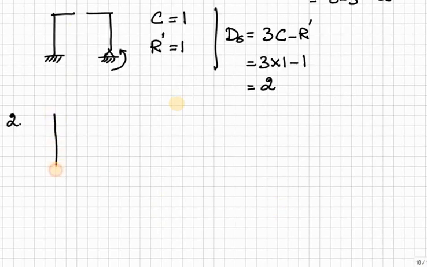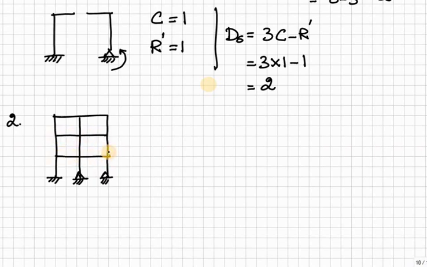Okay, second problem, another multi-storied portal frame. So one support is fixed and two supports are hinged. So here we have 4 closed loops. 1, 2, 3, 4.